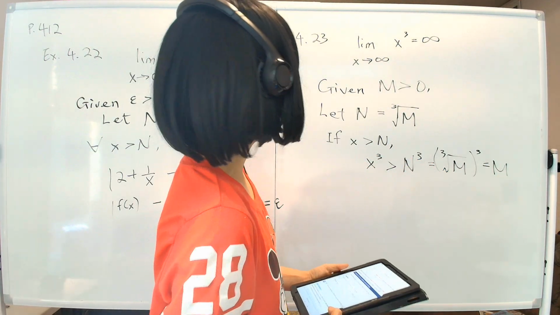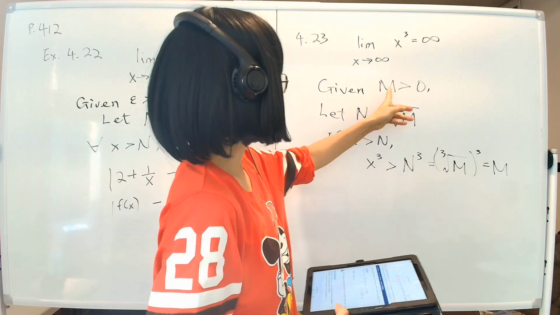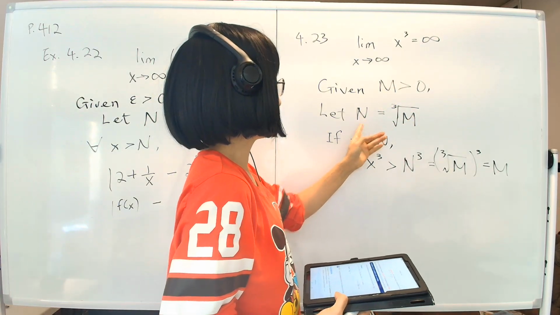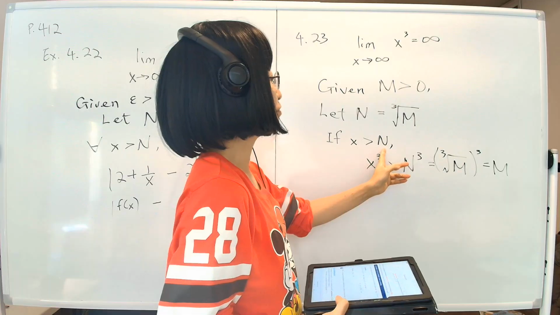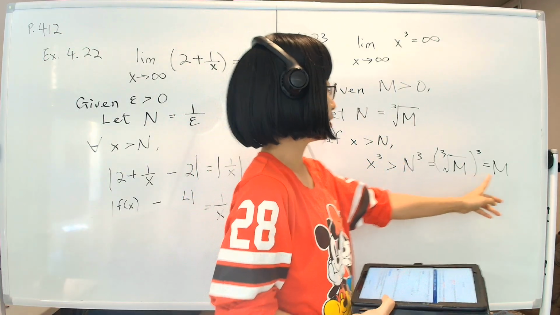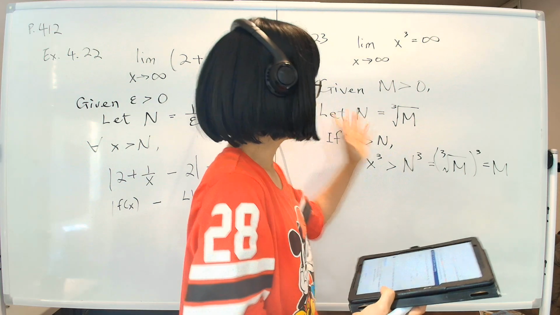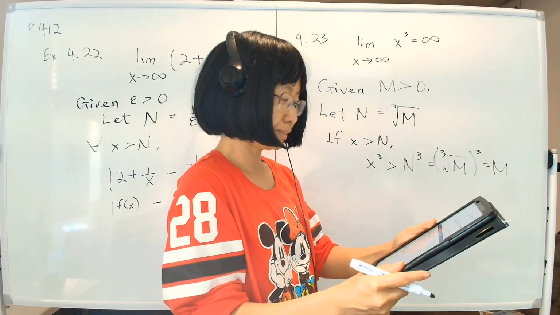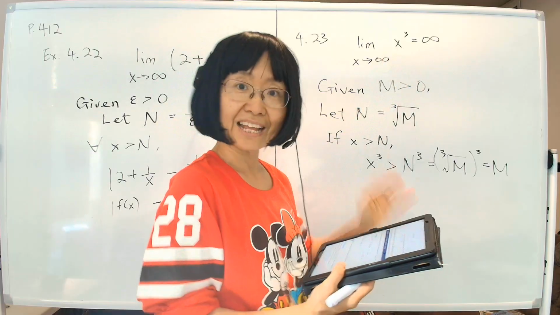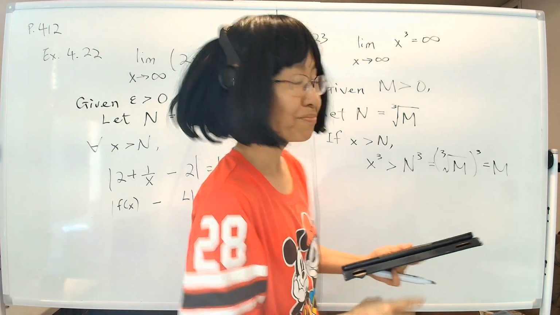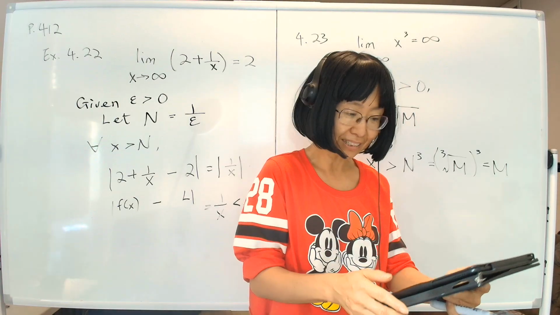So by definition, given some number, we can find another large number such that as long as x is bigger than the second large number, f of x is bigger than the first large number. That is the definition of the infinite limit at infinity. Therefore, the proof stands. That's the formal proof. It's very short, and it's just a cute definition.